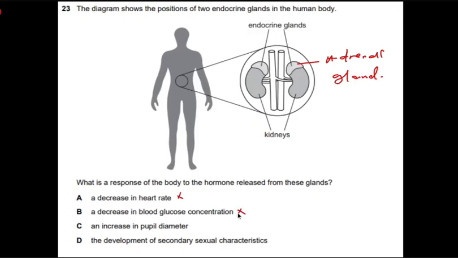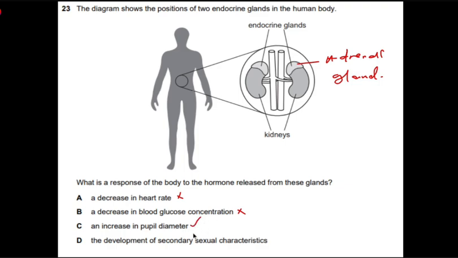Even this one we can remove, because as the heart rate increases, the body now requires more oxygen. Apart from that, this one says an increase in pupil dilation. Yes, this one we can include.